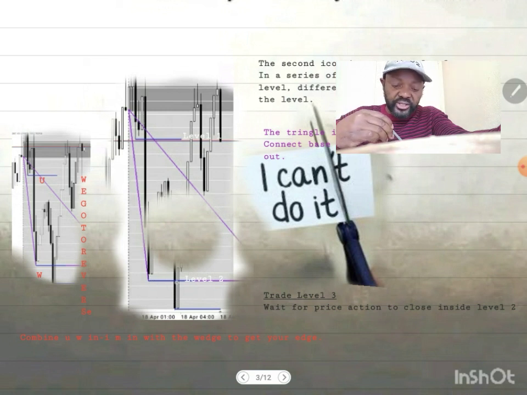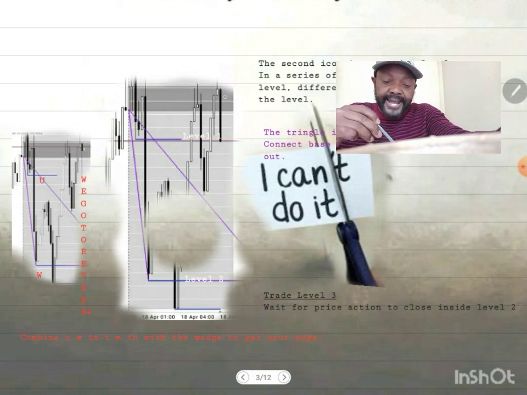We put it across, and then we trade this area that protrudes below our wedge. You will see that if we plotted our wedge right, price action broke above the wedge and it came back to the wedge to give us another opportunity when it retested, to react by going twice to the base.